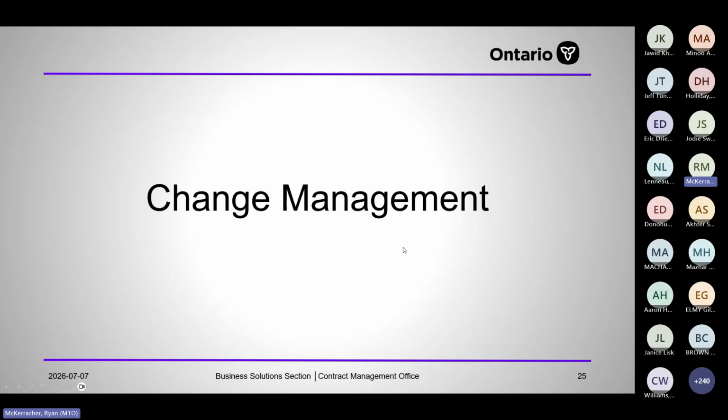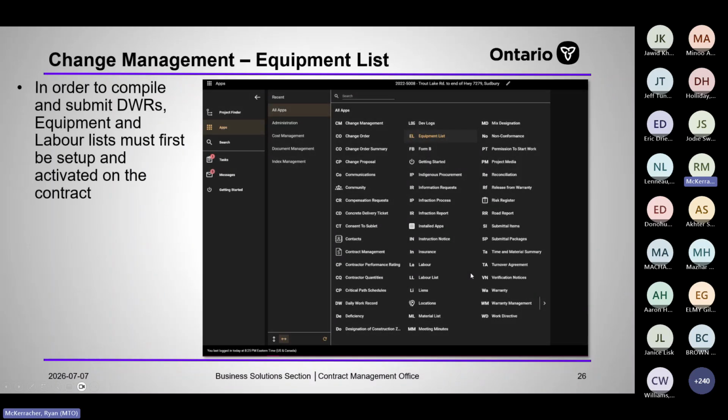So we're going to get into change management here. We're going to start from the ground and work our way up through it. I'll go quickly through this first little bit because I think we all know it and it's really straightforward. Equipment, labor, and material lists drive our daily work records. As most of you probably know, a daily work record is going to link pieces of equipment and laborers that are established in the equipment and labor lists.